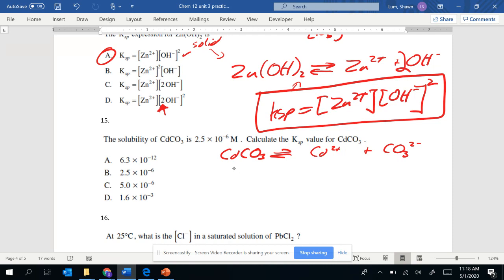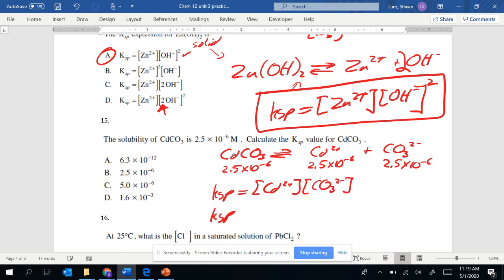It's a 1-to-1 ratio, so we don't have to do anything. So that means if this is 2.5 times 10 to the minus 6, the concentration of this is also 2.5 times 10 to the minus 6, and this is 2.5 times 10 to the minus 6. So my Ksp expression doesn't have any exponents, since it's a 1-to-1 ratio.